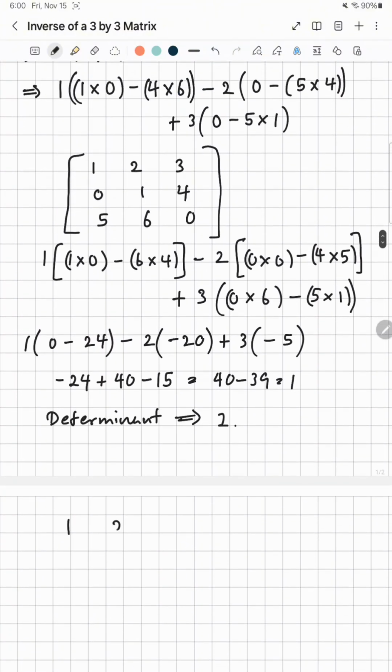So I'm gonna write the matrix down again, because the next step is called the transpose. Let me just show it to you.